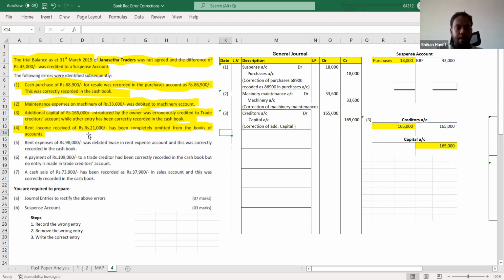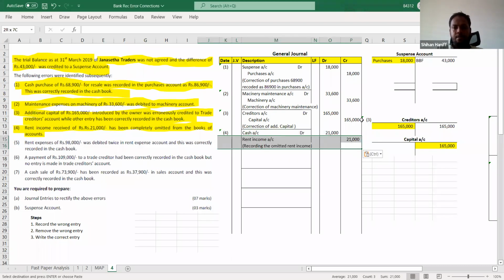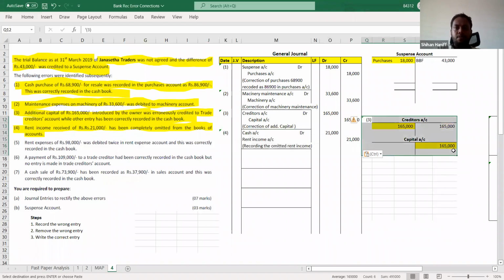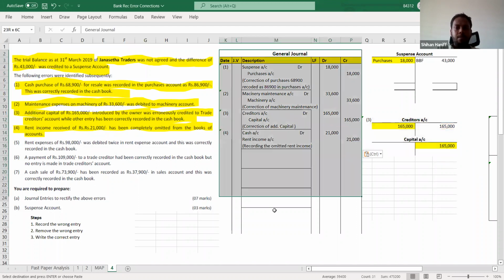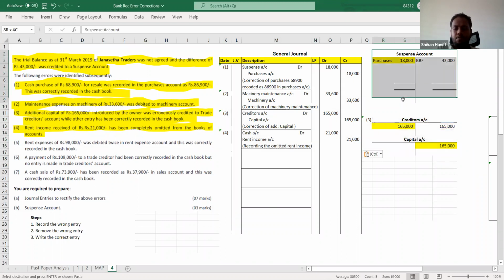Double entry for rent income received is cash account debit, rent income account credit. So I didn't write the working. So these are workings. So it's not compulsory to write the workings. Most important thing is the general journal and suspense.